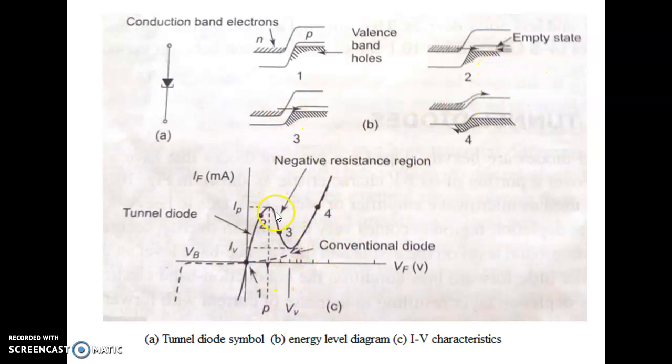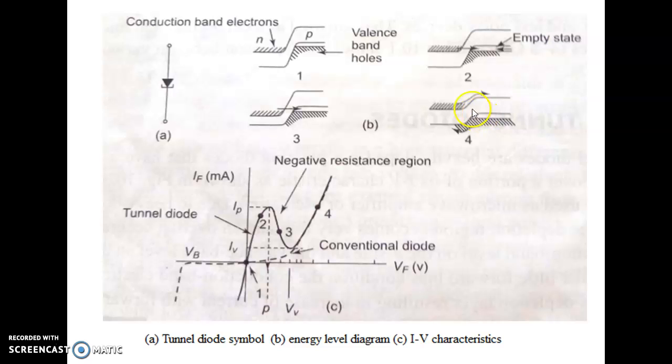So there will be a decrease in current, and it shows negative resistance characteristics. If we increase the voltage further, in such a way that there is no overlap region between these two Fermi energy levels, we run out of the overlap region.